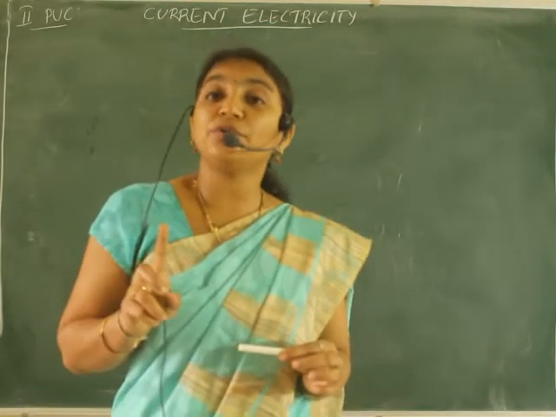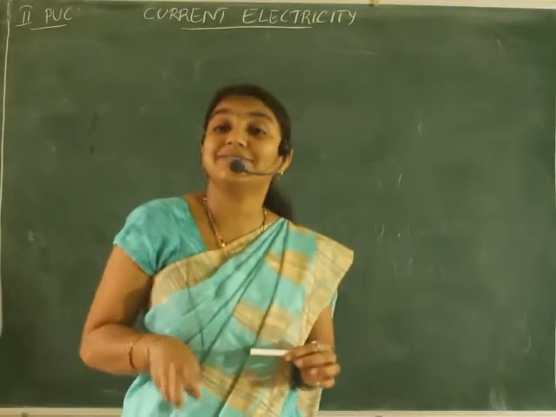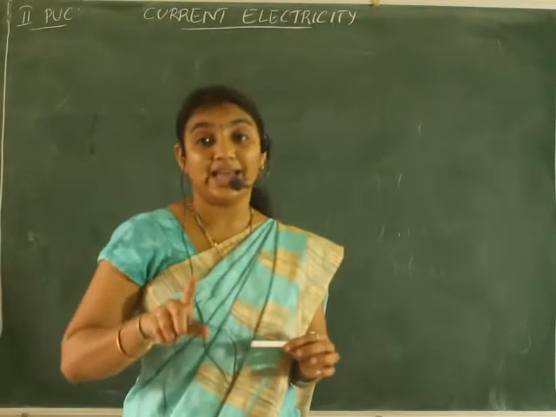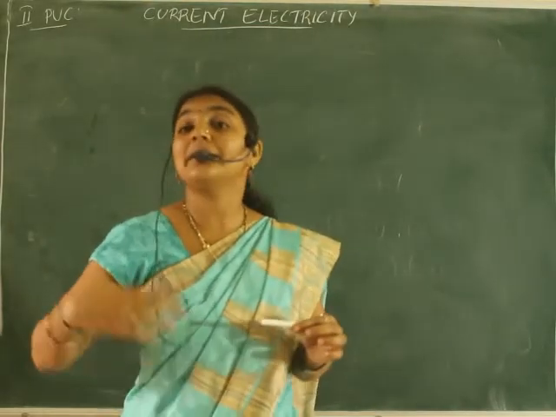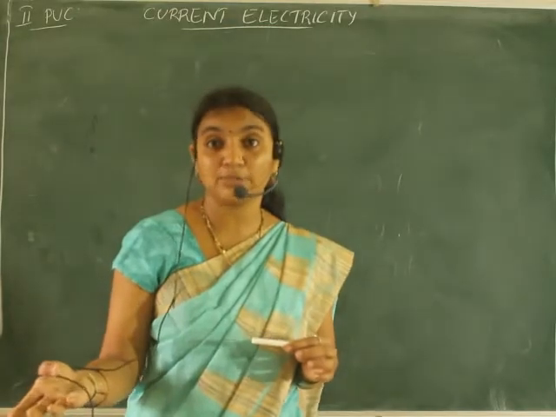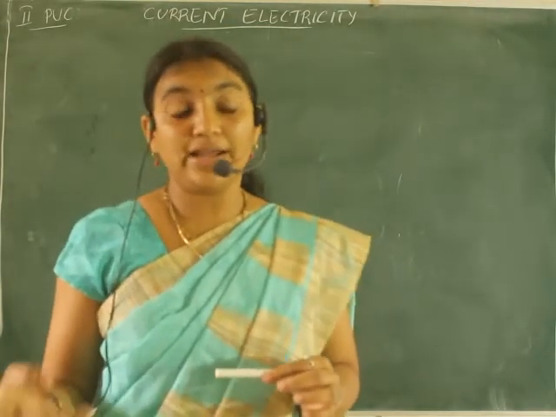So you have to choose a wire in such a way that it has a low resistance. If the resistance is low, higher current flows. Correct? More amount of current flows, and it is very helpful for you.